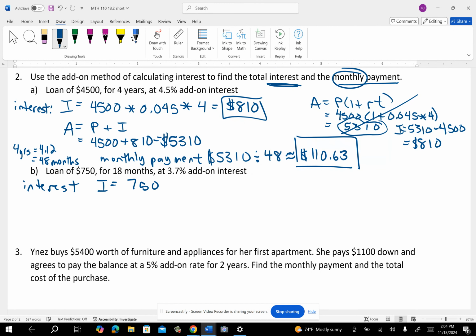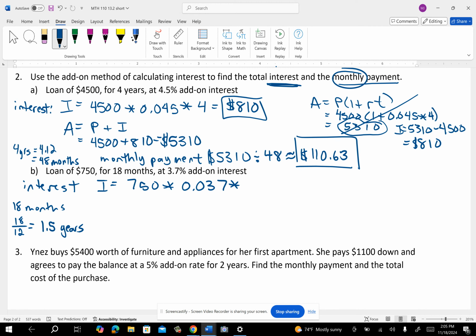I'm borrowing $750, interest rate 3.7%, so 0.037. Now 18 months, I would divide that by 12 months, and that tells me it's going to be 1.5 years, right?